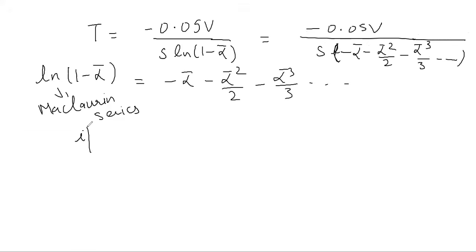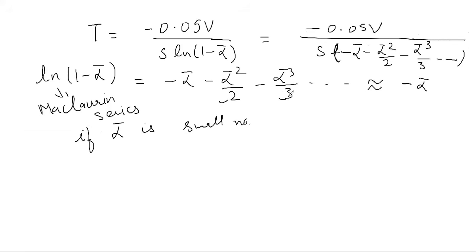If your alpha bar is a small number, I can approximate this with minus alpha bar and say that higher order terms are going to be very small.